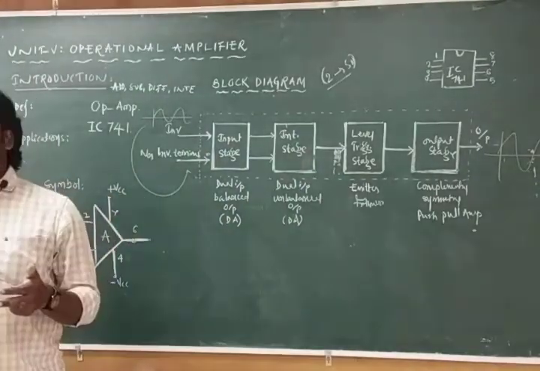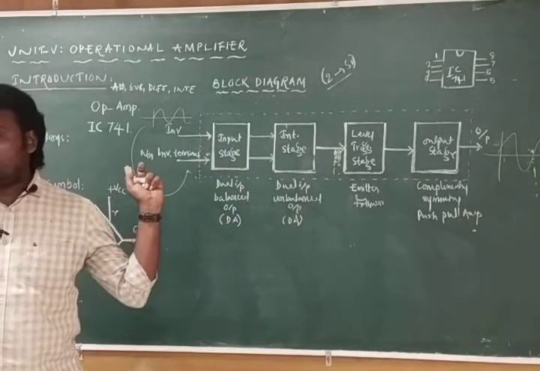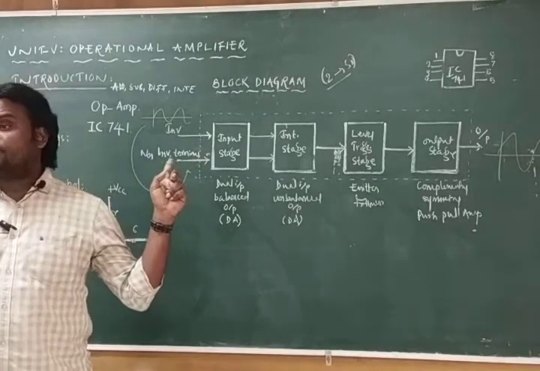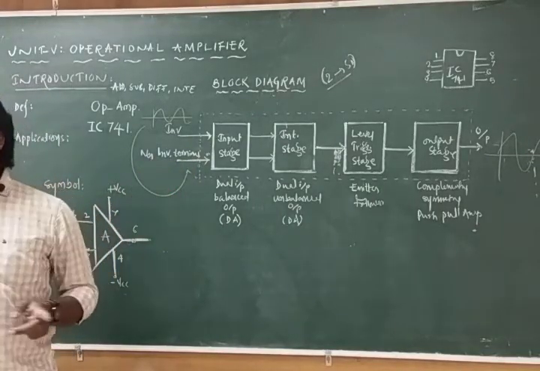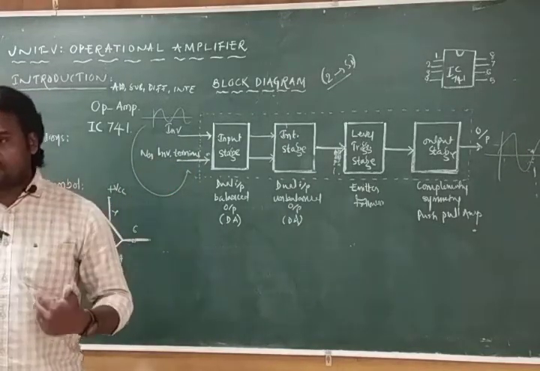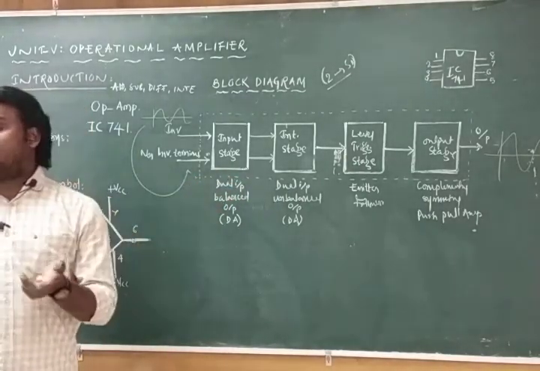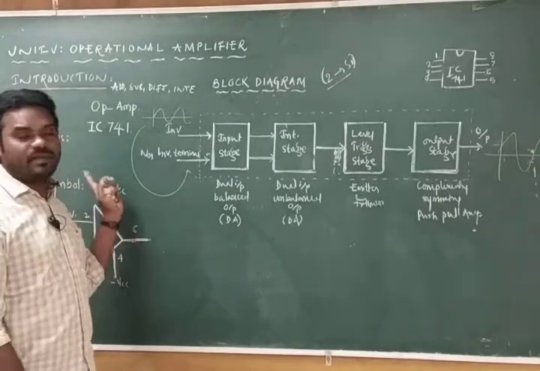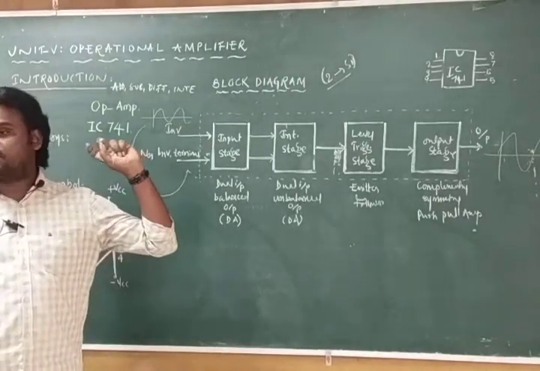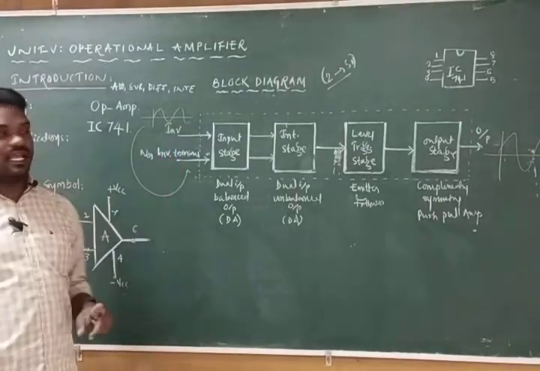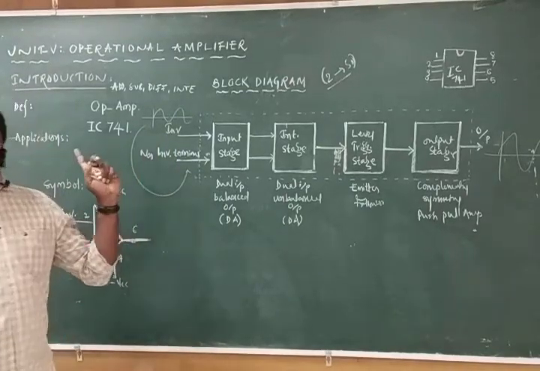What is the phase difference between the input and output signal? 0 or 360 degrees. If there is an inversion, the phase difference is 180 degrees. There is no phase difference, so it is 0 or 360 degrees, when we apply the input to the non-inverting terminal.